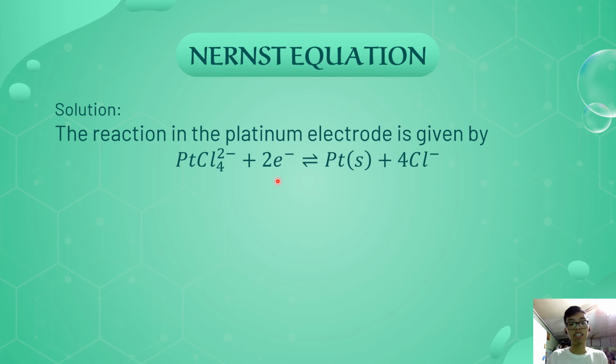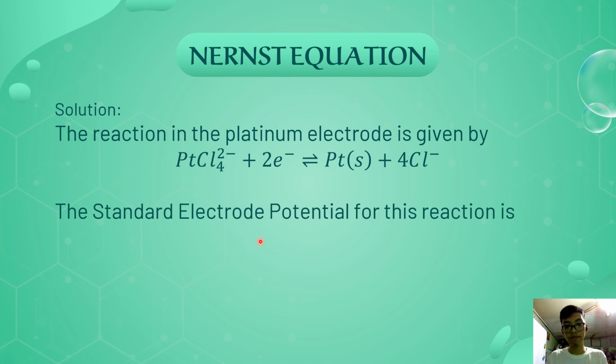Why is this the reaction? Because it corresponds to the given concentrations, which is K2PtCl4 and KCl. Now the standard electrode potential for this reaction is plus 0.755 volts.